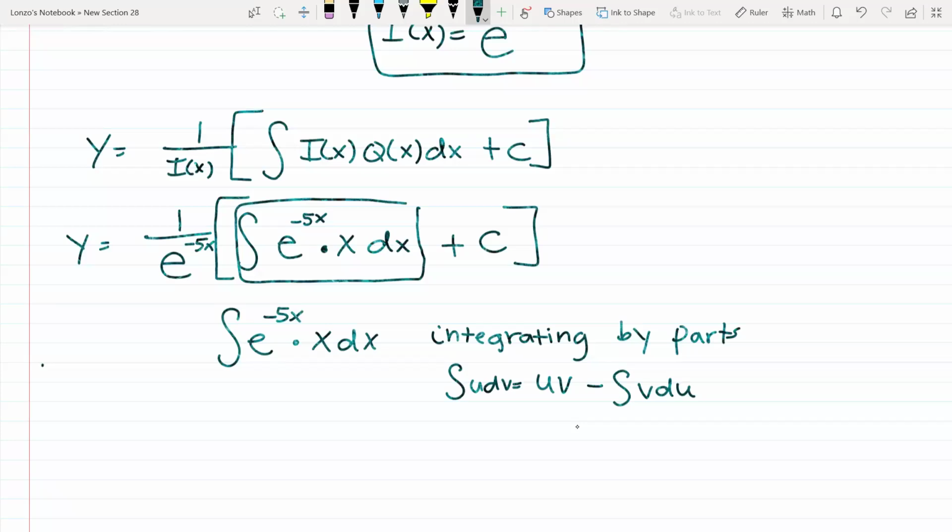So we got to figure out our u and what our v is. So our u is x, and my dv is e to the negative 5x.